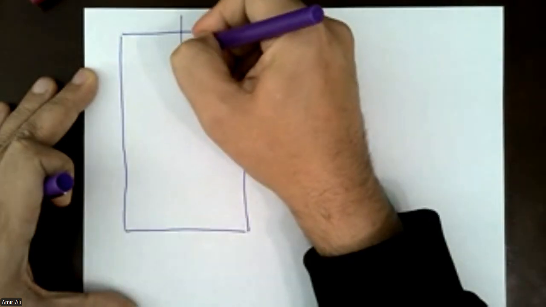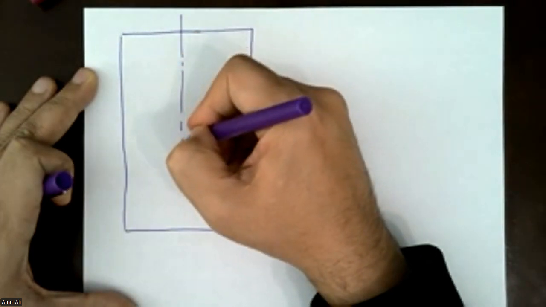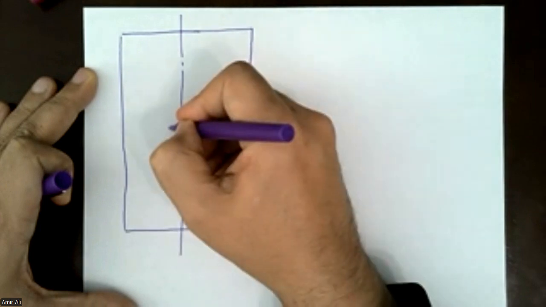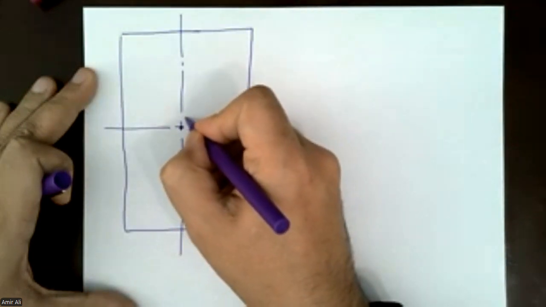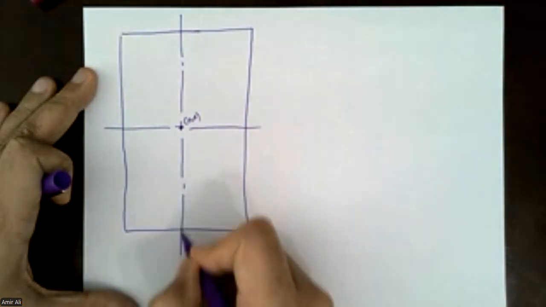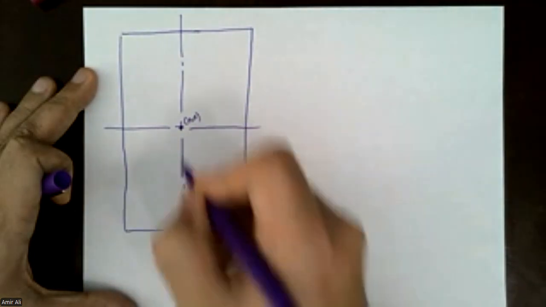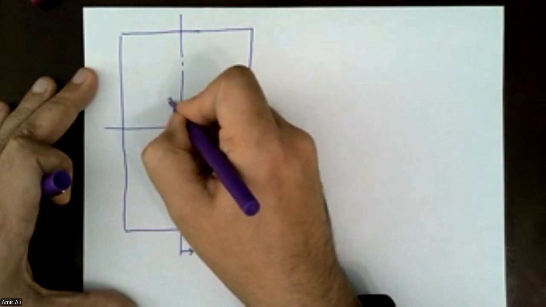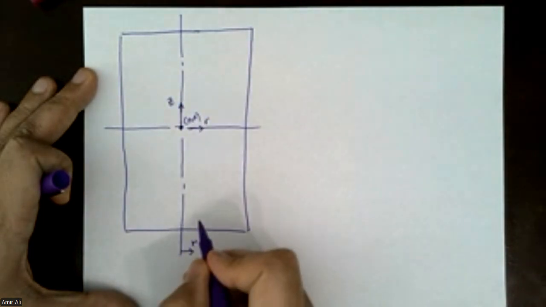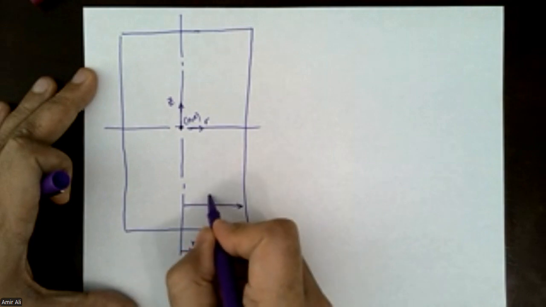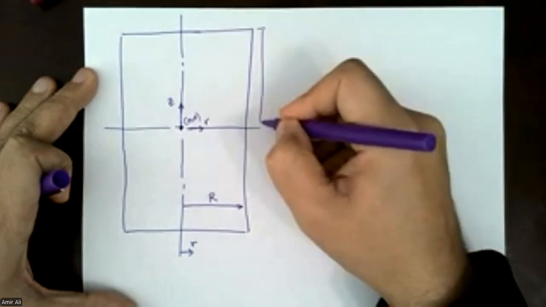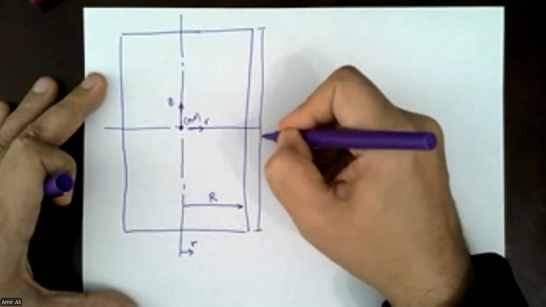Here is the core center. This is the 0,0. This is the coordinate R, which is here. And this is the coordinate Z, starting from that point. This is R capital. This is H capital.